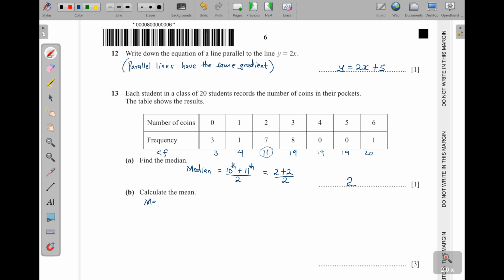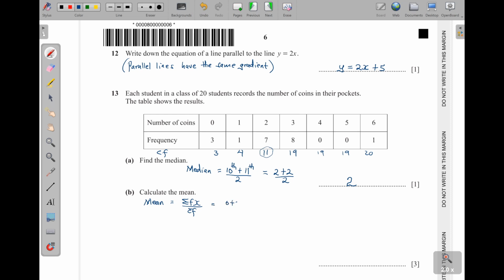For the mean, we get the values, add them, then divide by how many they are. But since we have numbers that are repeating, appearing more than once, we can say summation of fx divided by summation of f.